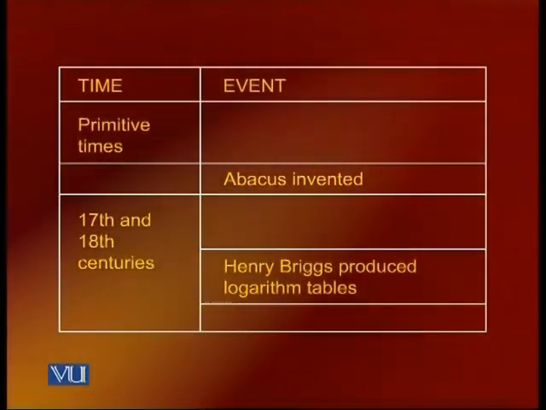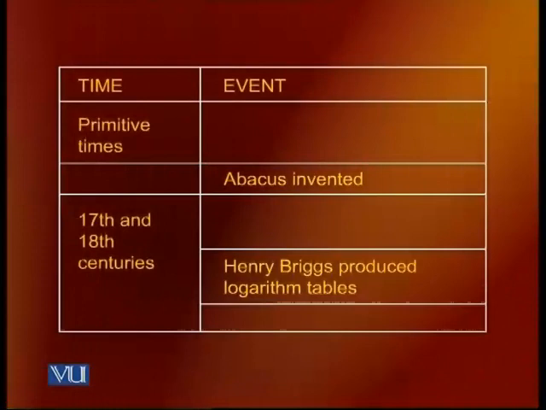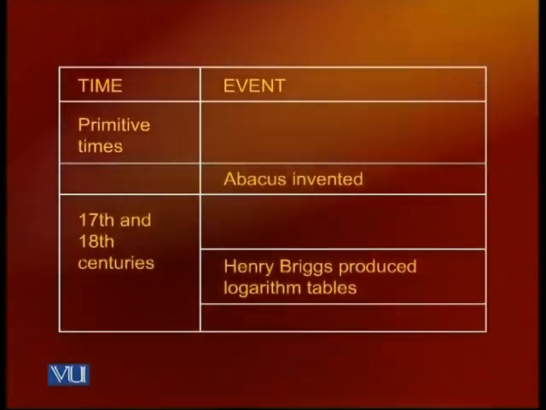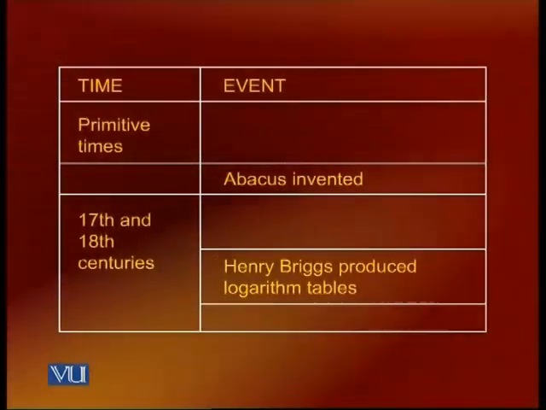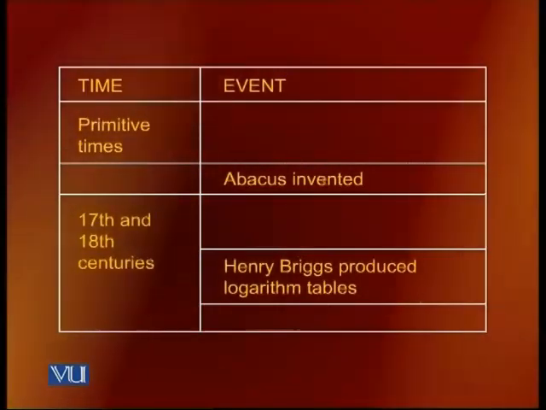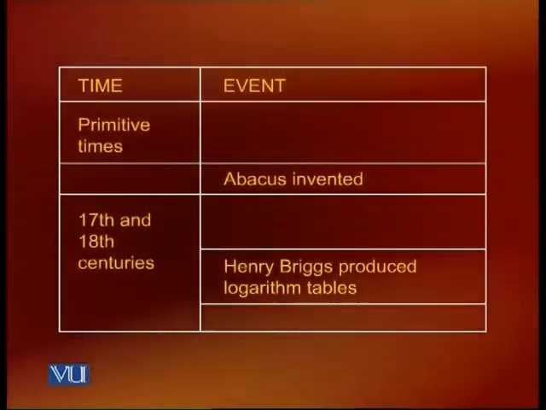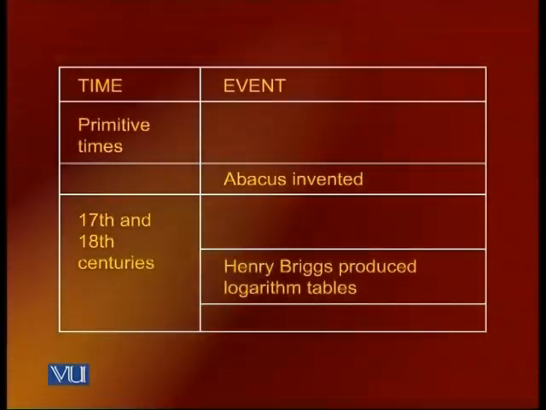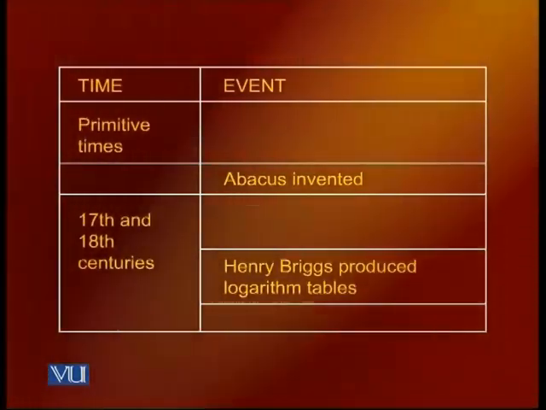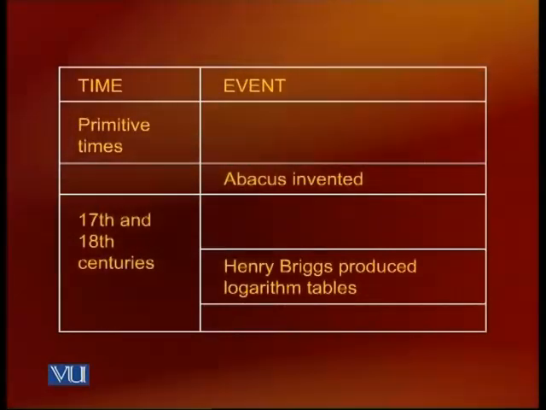And you find a number of things happening in that period. You find 3 columns for you, and you have to fill in the columns. What happened in the 17th century? What happened in the 18th century?